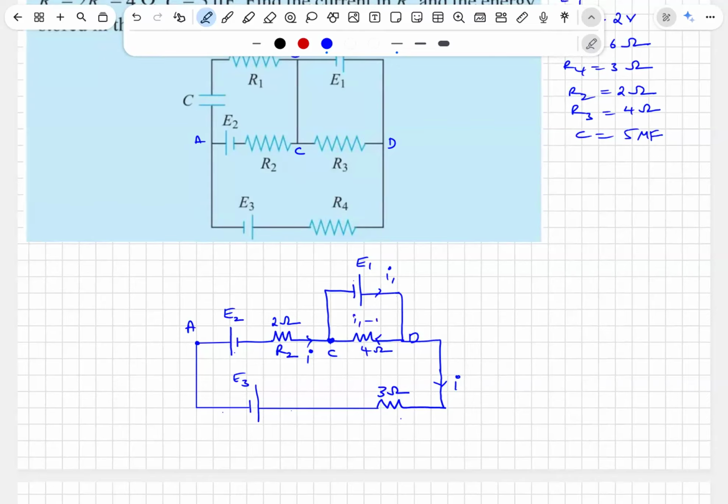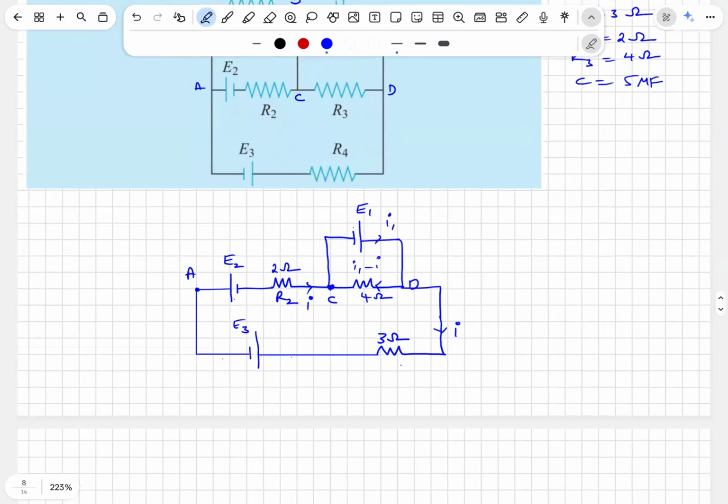I1 minus I. Now, please confirm any doubt in these observations. I am believing that I1 is the huge source. I1 minus I, obviously. If I am wrong, that will be taken care of in the sign itself. Any doubts? Mahalakshmi, do you have any doubt?